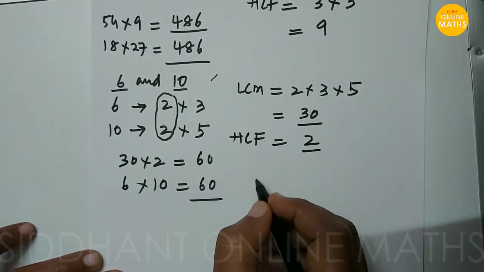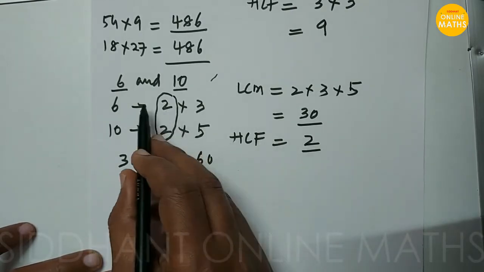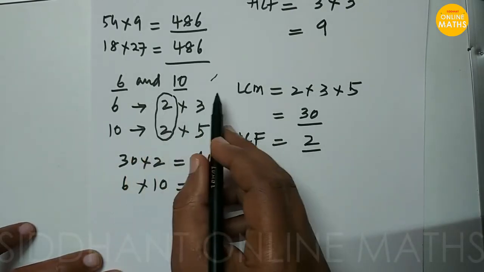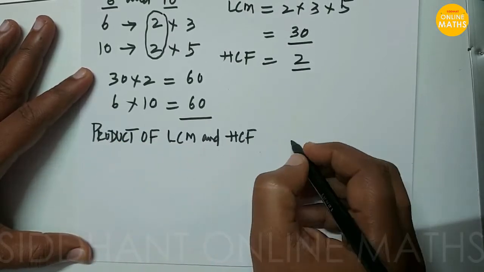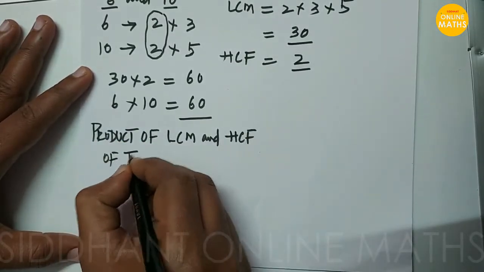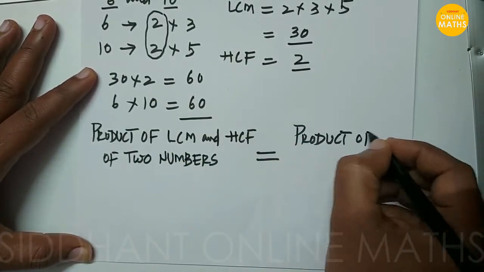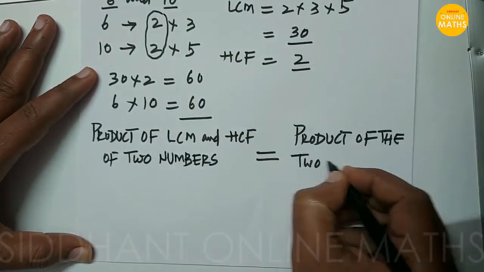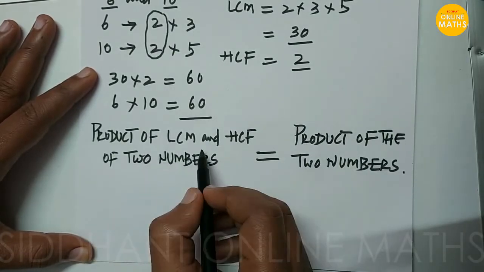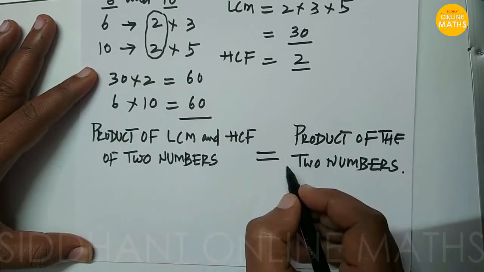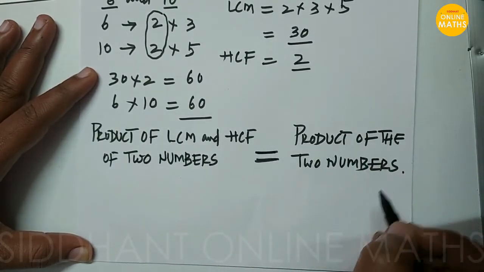So we can say that the product of the LCM and HCF is equal to the product of the given numbers. So we can conclude the product of LCM and HCF of two numbers is equal to the product of the two numbers.